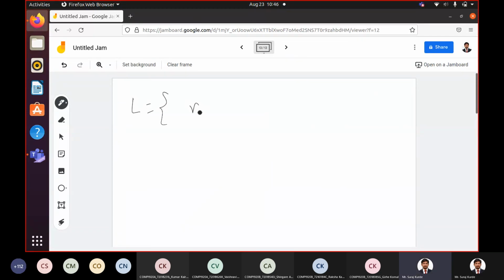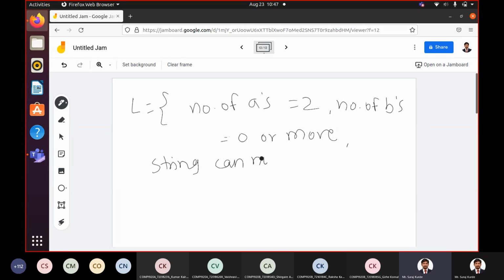Then again, same condition. Number of A's equal to 2, not less than 2, not more than 2. Number of B's 0 or more. Then the string cannot start with B, or the string should start with A. String starts with A. That means it will be AA.